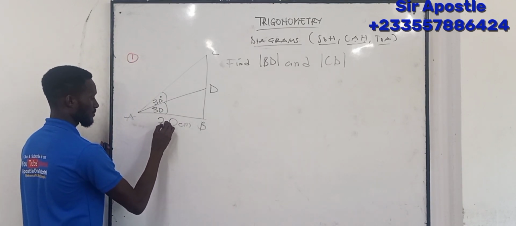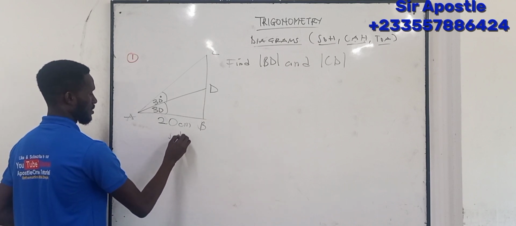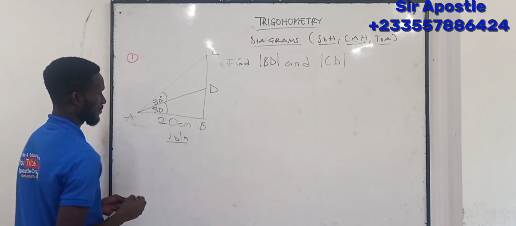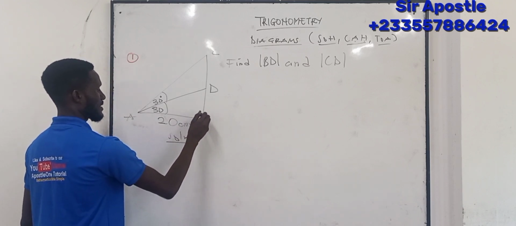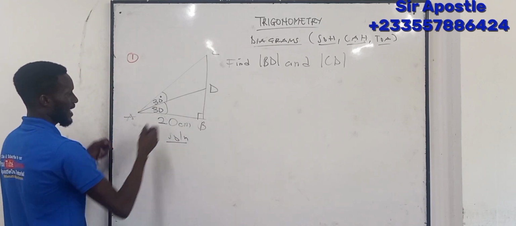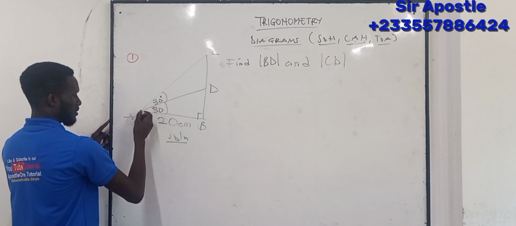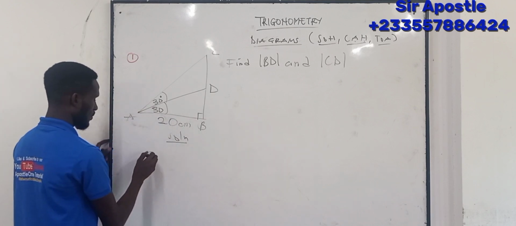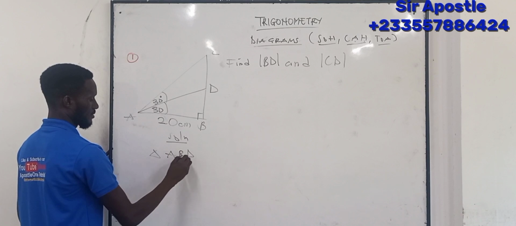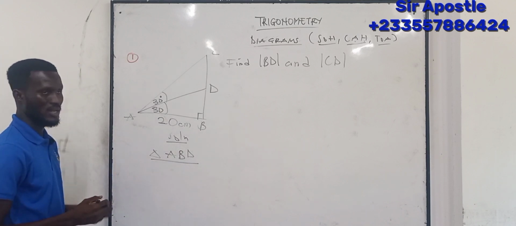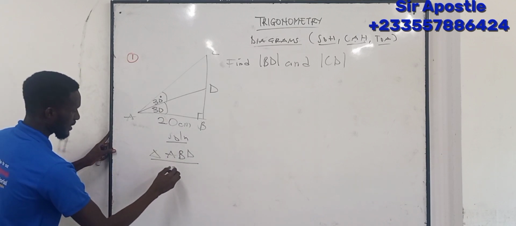Solution. Here is 20. Now, we have 90 degrees here. When I consider this particular right-angled triangle, triangle ABD, ABD is a right-angled triangle, this small one.